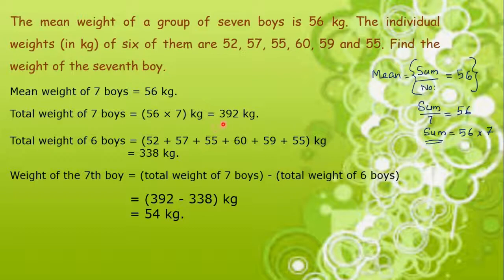It is 392 minus 338. It is 54 kg. Hence, the weight of the 7th boy is 54 kg.